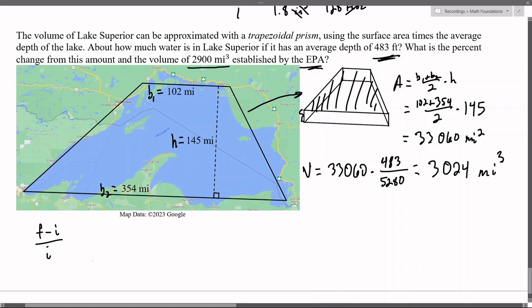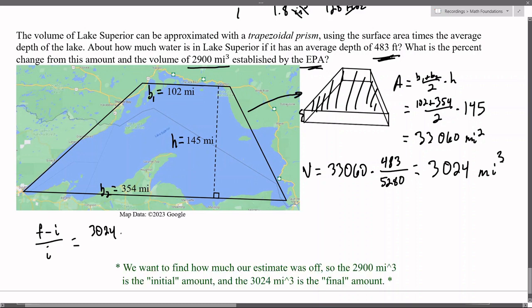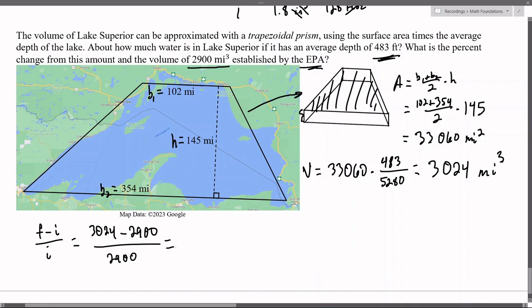That's one way of calculating it. 3024 minus 2,900 over 2,900. That gives 0.0428, which means that our estimation is 4.28% above. It's a percentage increase, so it's 4.28% above the real amount.